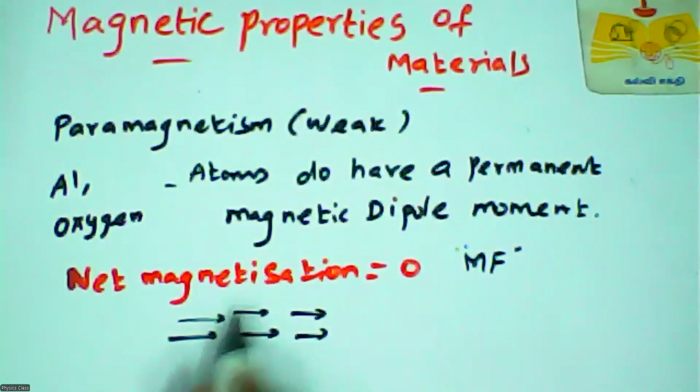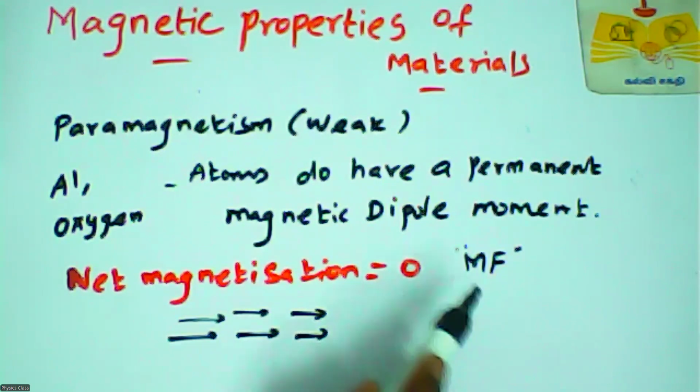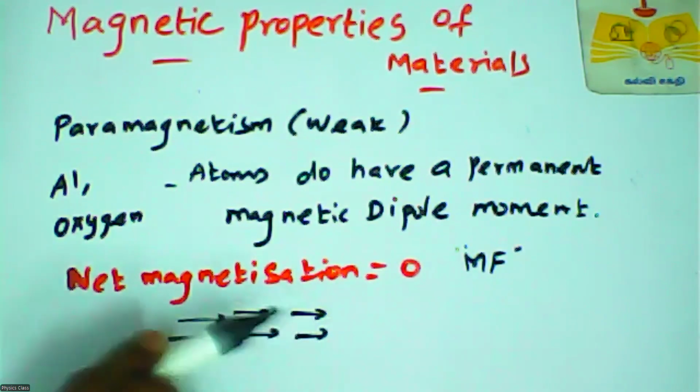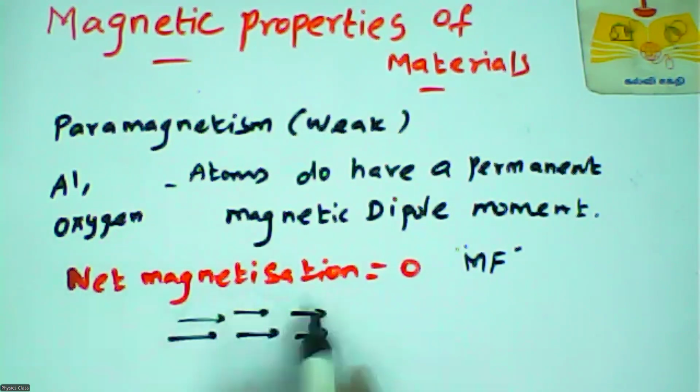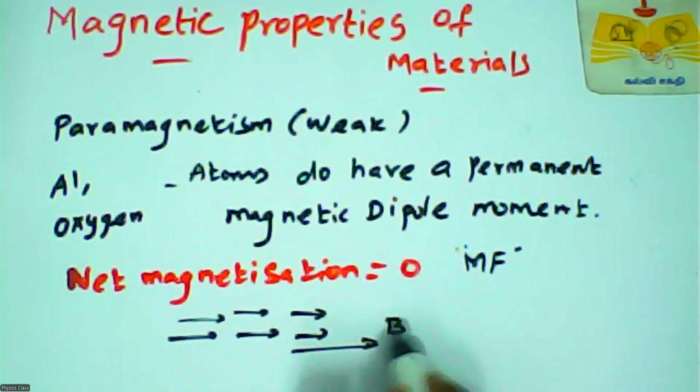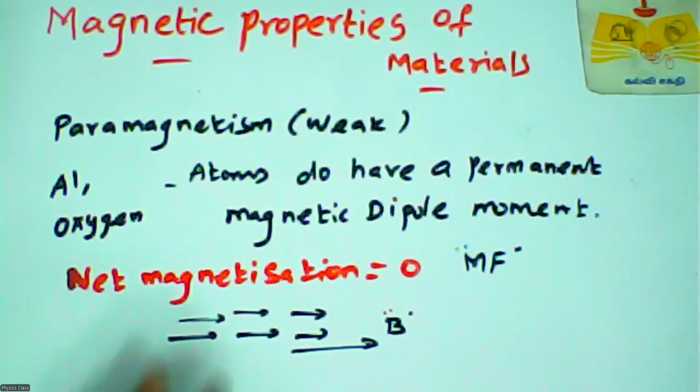So these are the dipoles, and this is the field, B or H. This weak alignment causes the material to be weakly attracted.